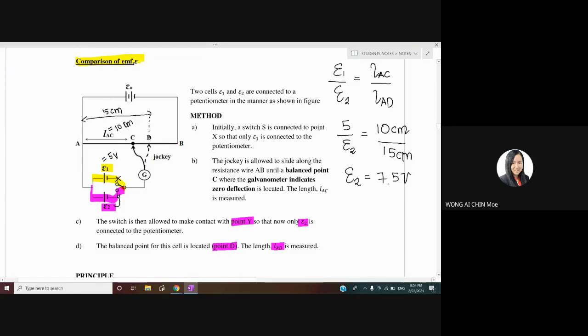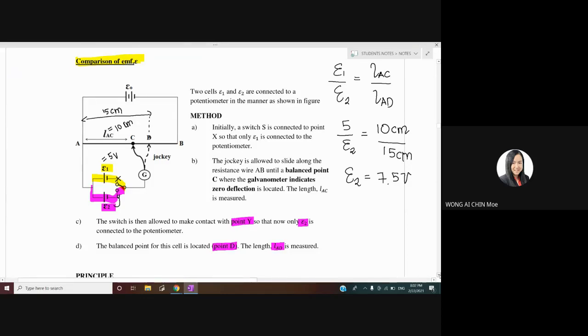Okay, 7.5 volt. So this is how you can find out the EMF. You may pause the video if you want to do the calculation.